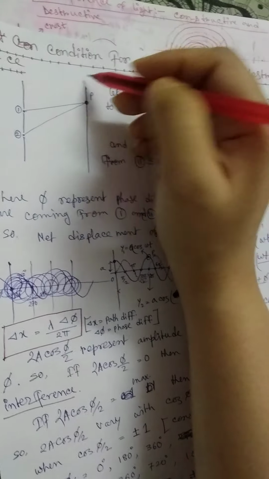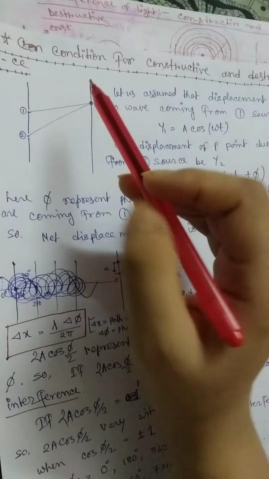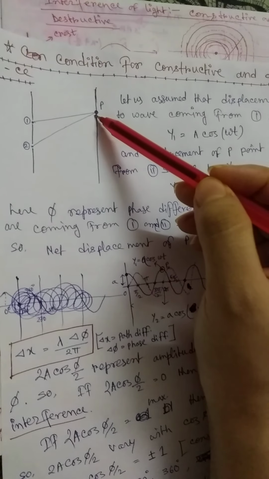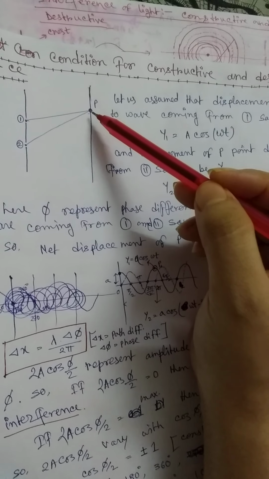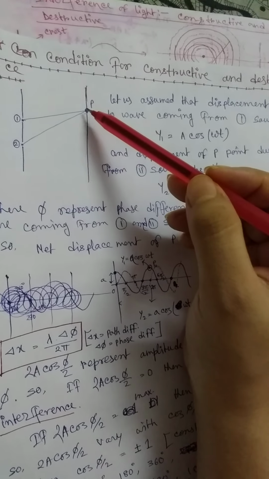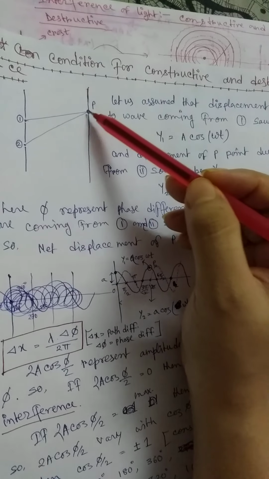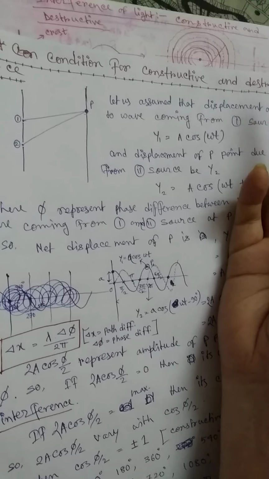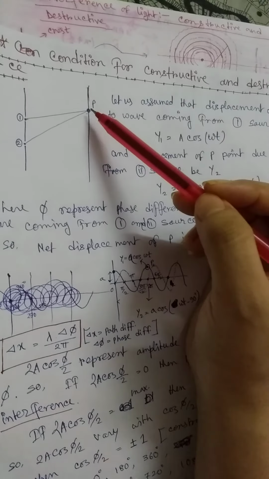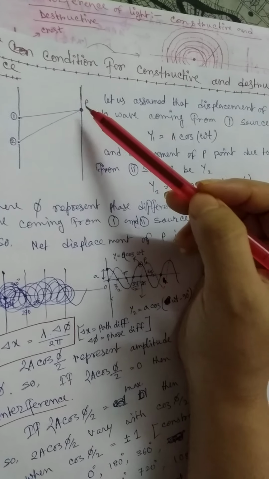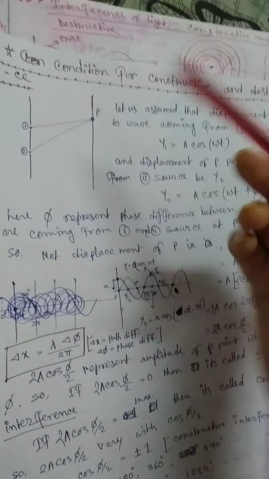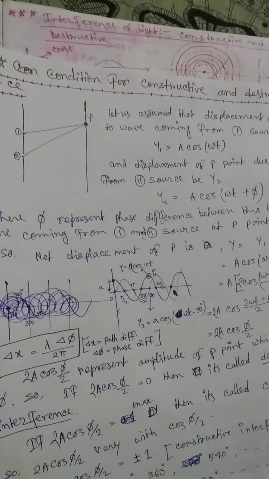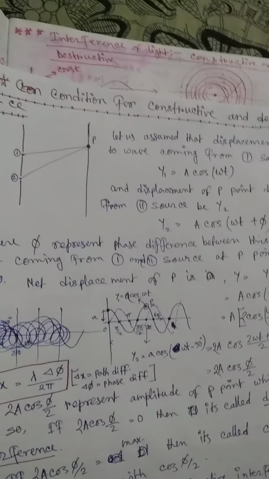This is our screen, and here I am taking a point P on the screen, and we will find out when interference at P point is constructive or destructive. What is the condition for constructive interference at P point, and when do we get destructive interference at point P?